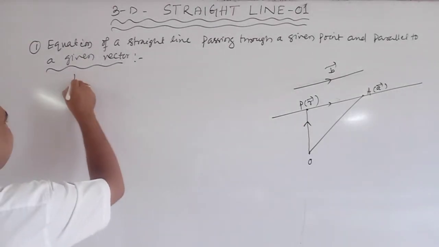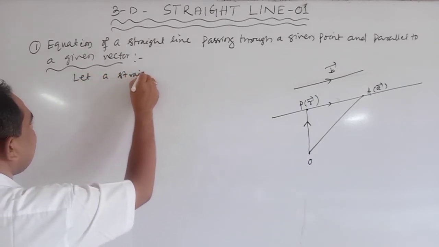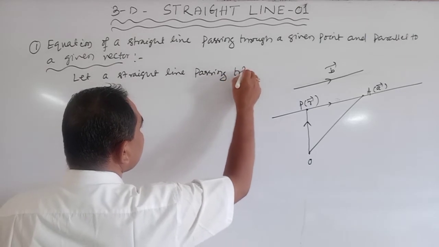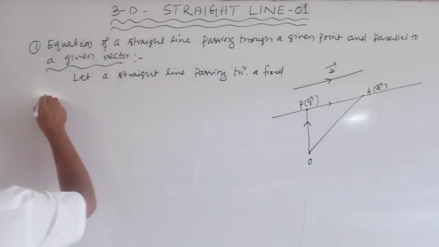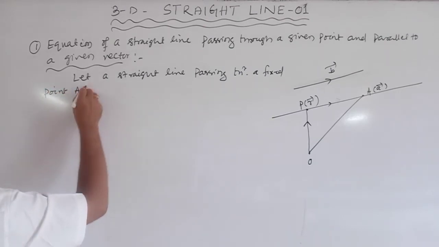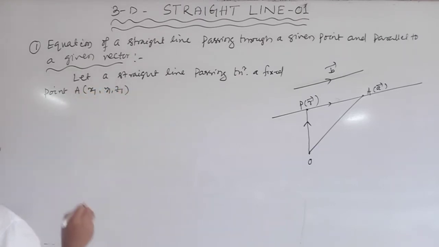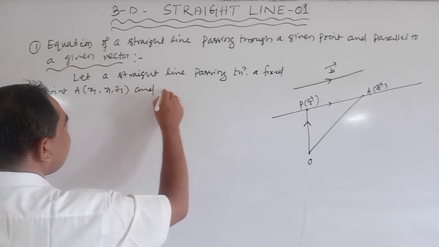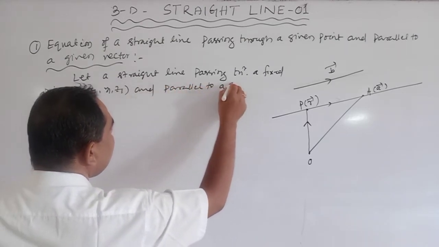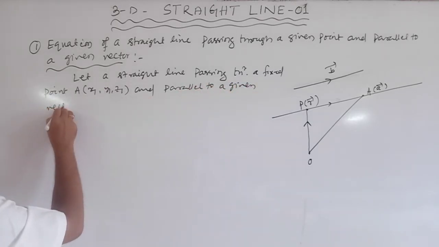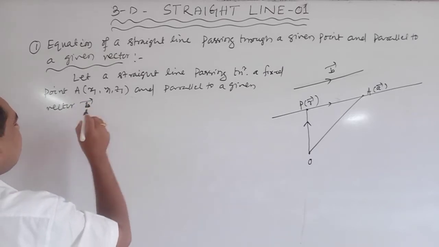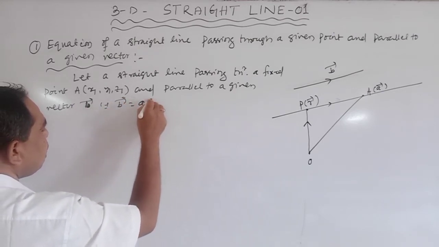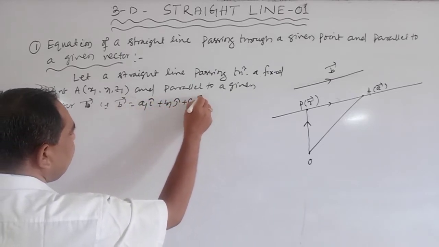Let a straight line pass through a fixed point capital A with coordinates x1, y1, z1 and be parallel to a given vector B vector, that is B vector is equal to a1 i cap plus b1 j cap plus c1 k cap.